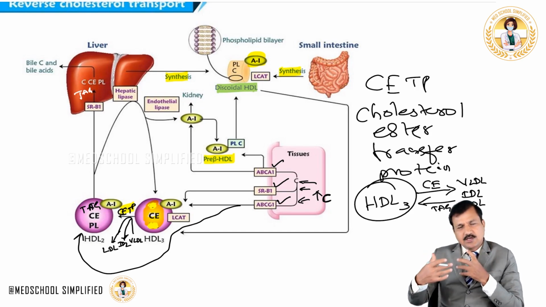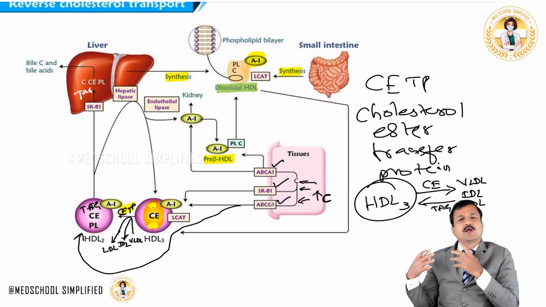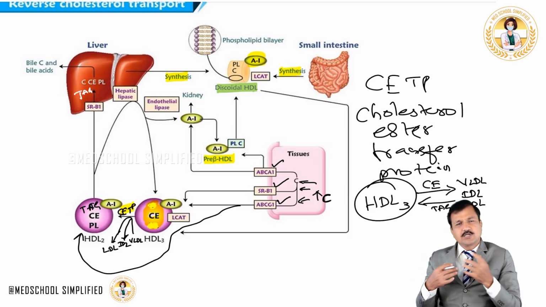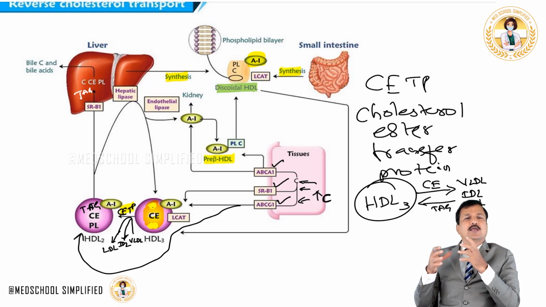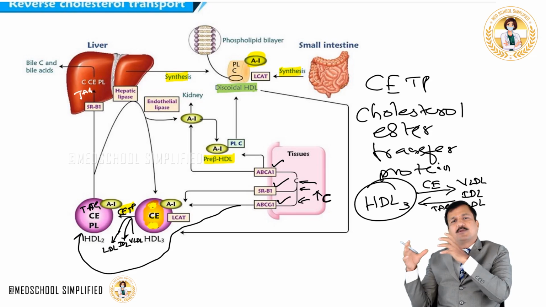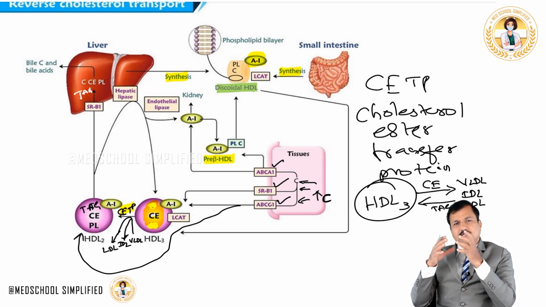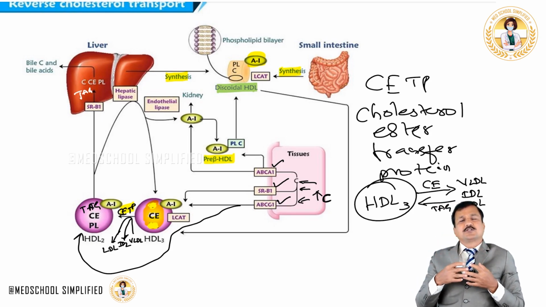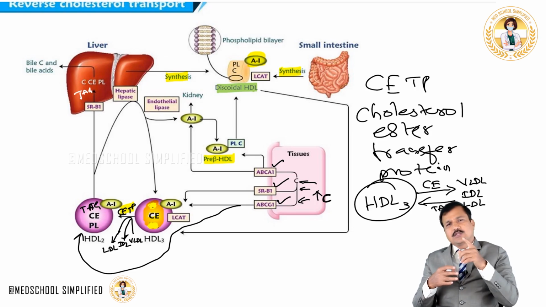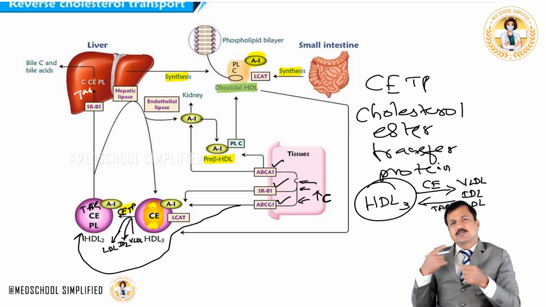Eventually VLDL is converting into IDL, IDL into LDL, so they all become rich in cholesterol ester and lose triacylglycerol, whereas HDL3 is gaining triacylglycerol.